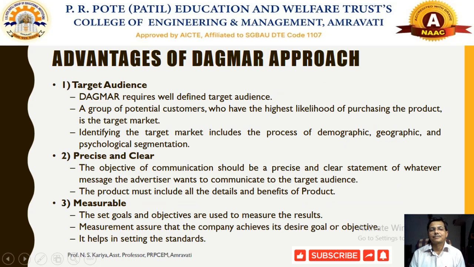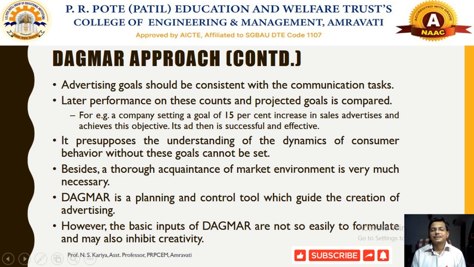Now, when we are talking about the DAGMAR approach, there are various forms of information available, and many advertisers as well as advertising agencies make effective use of this approach, not only for setting advertising goals but also for measuring advertising results.